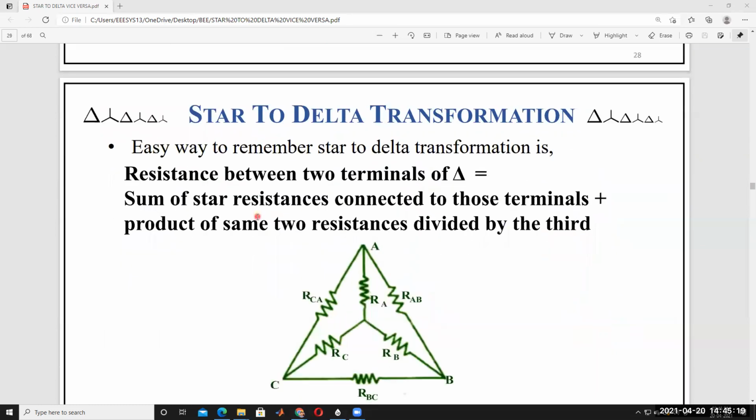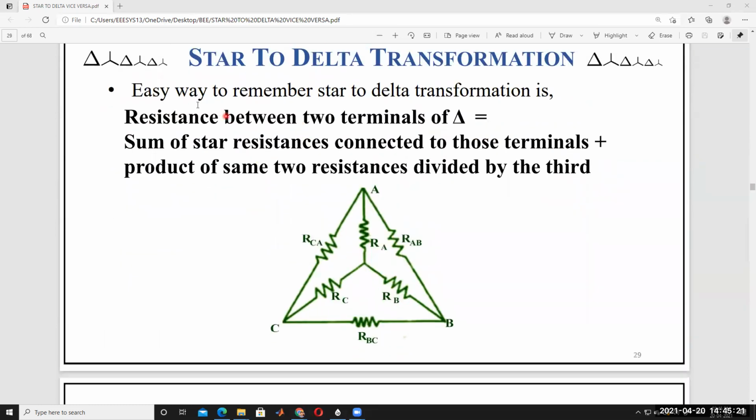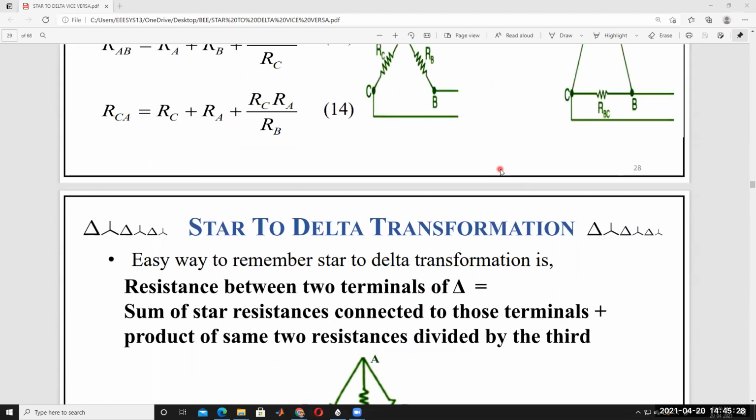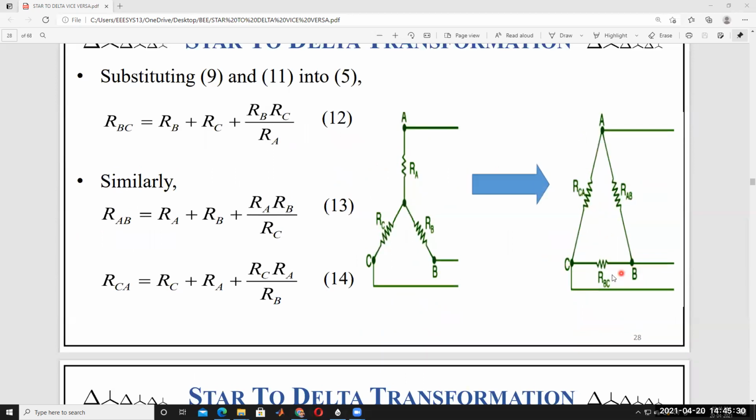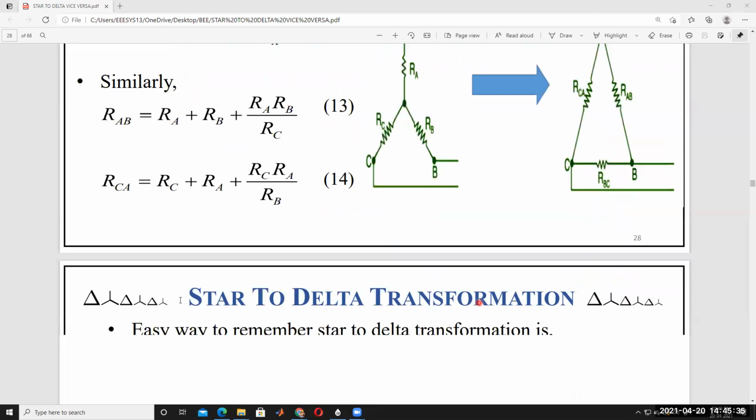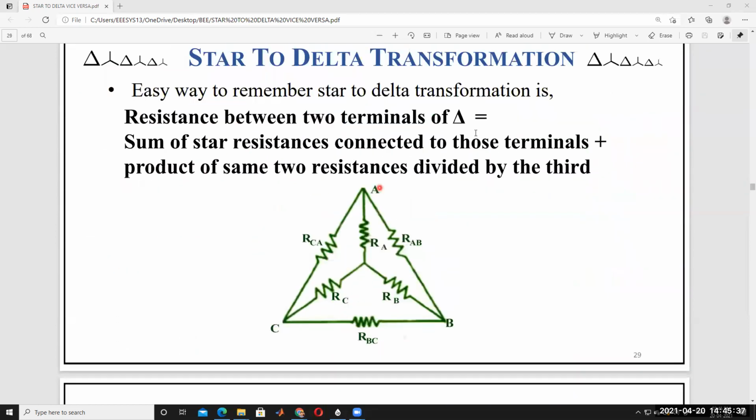So the easy way to remember star to delta transformation is this: the resistance between two terminals in delta, either RBC or RCA or RAB, is equal to the sum of the two resistors connected to those terminals. For example, for RBC, two resistors are connected, RB and RC.